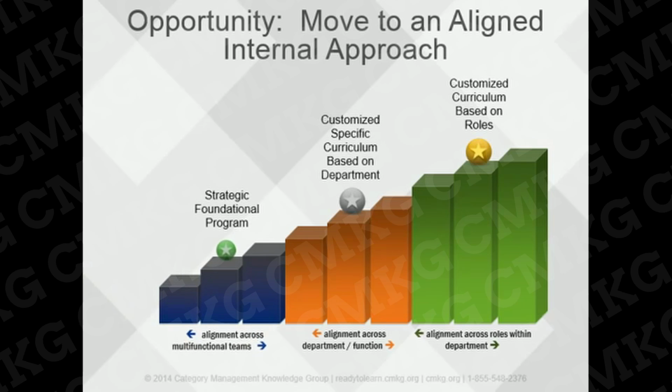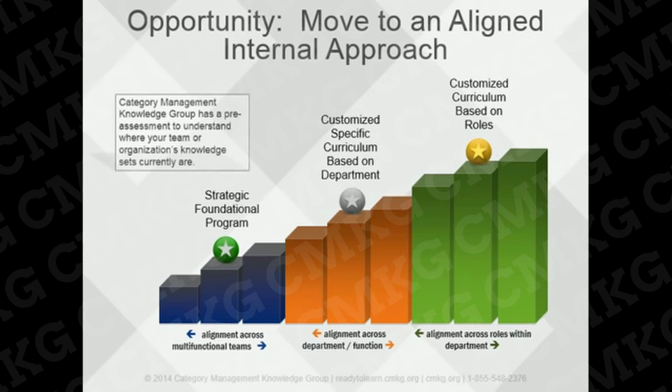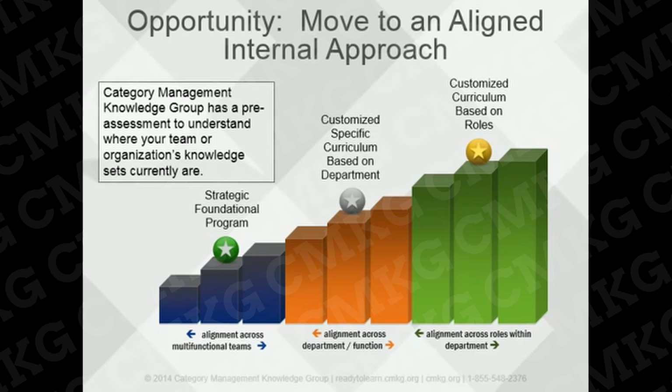Next, additional courses should be defined that are common within a specific department so that they increase knowledge in the topic areas most relevant to their department's responsibilities. And finally, curriculum should be refined based on the roles and responsibilities within different roles within the department. If you're looking for more than a course, we can work with you to help you set up a curriculum that achieves all 3 levels of training for your organization.